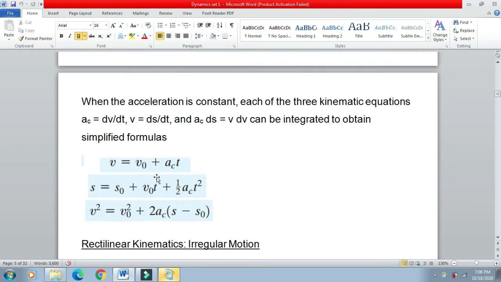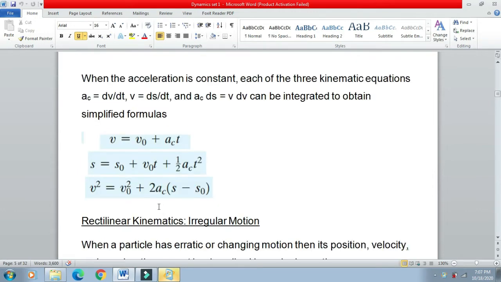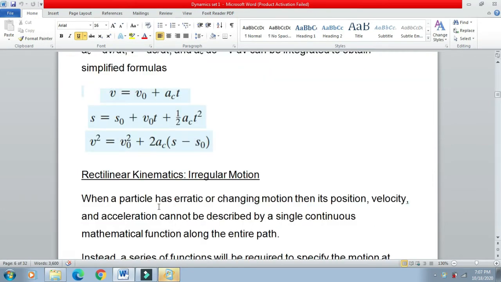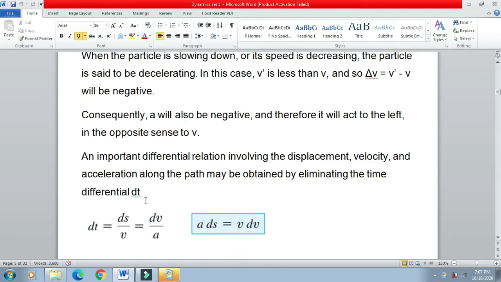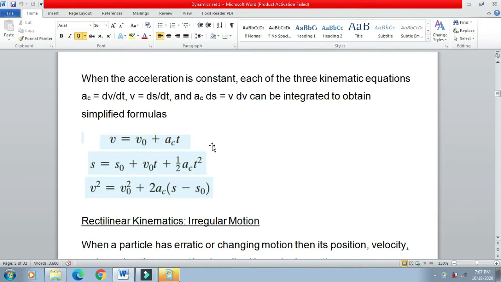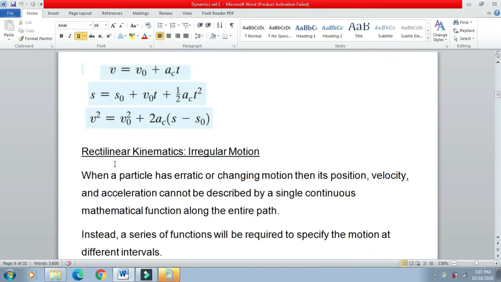So this is the same relation, but this relation is only valid when the acceleration is constant. Now the previous analysis, which is through the three differential relations, and for the special case of the acceleration to be constant, we have these three simple relations.